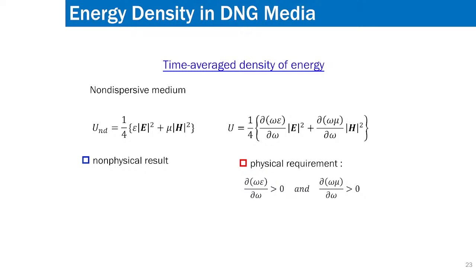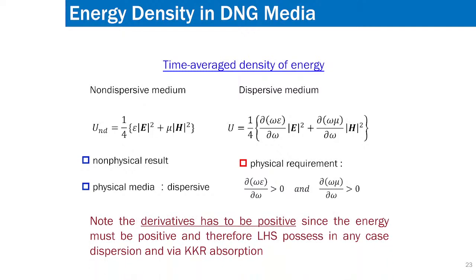Double negative, left-handed phenomenon we are observing there. So the physical media has to be dispersive for DNG, double negative media. If it is non-dispersive, then we cannot have DNG media. It has to be dispersive media.